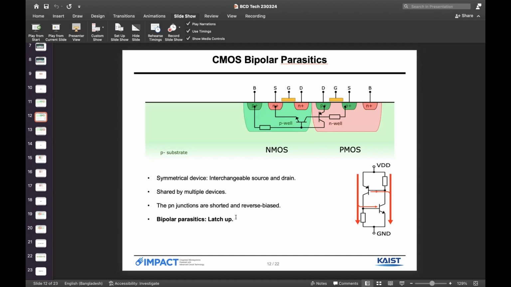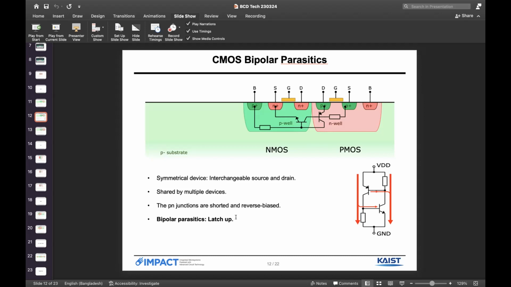So the latch-up happened when there's supposed to not be any current flowing from VDD to ground, but in some case, if you biased the wrong thing, the latch-up current can happen from the VDD to ground, even though the MOSFET at the top here you turn off completely, but because of the parasitic diode, no, not parasitic BCD, I'm sorry.